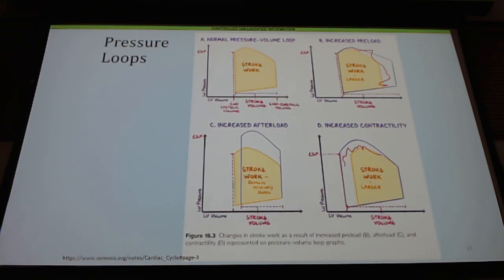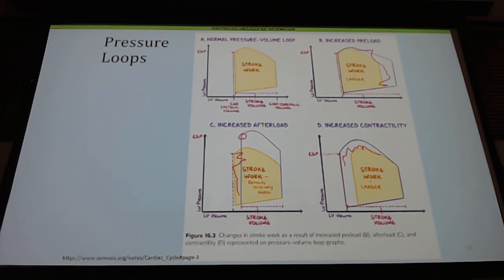If I increase my afterload, I start to lose all of this work because that valve is going to close at a much higher pressure, with much higher volume remaining in the ventricle than it should. So I'm losing all that effort. If I decrease my afterload, then I shift that over again. I get a delayed closure of the valve, and now I'm adding work to it.